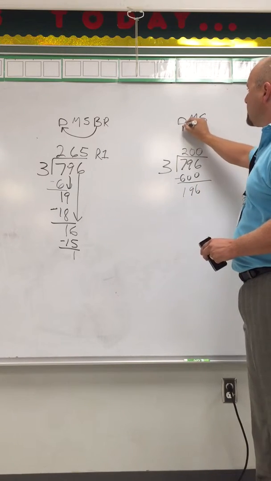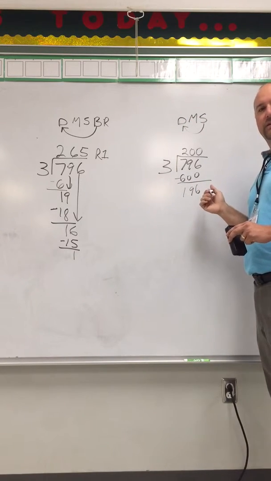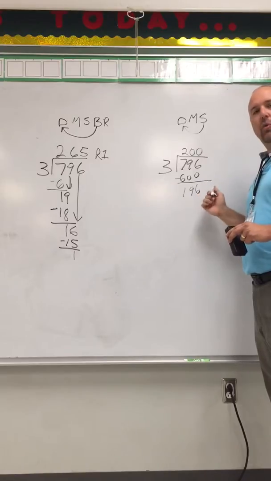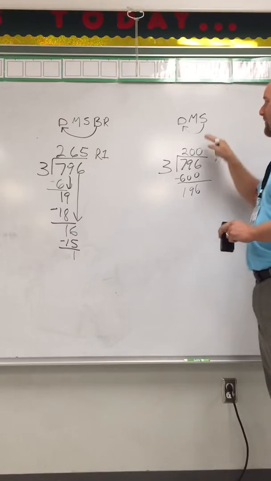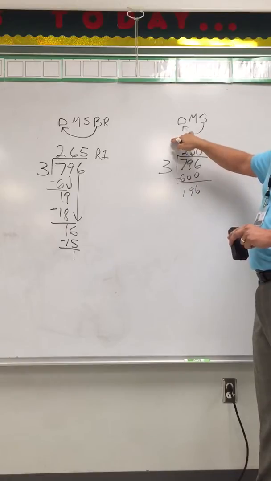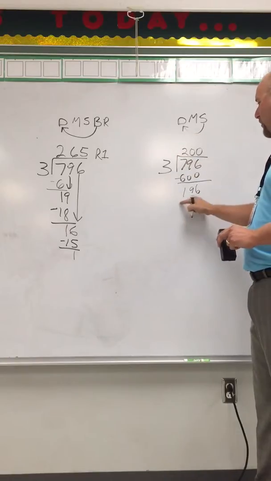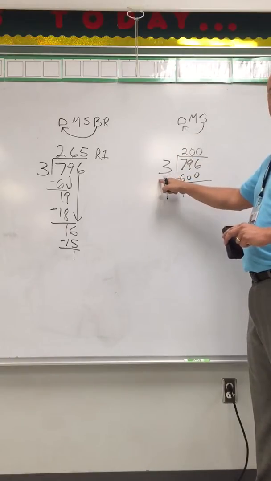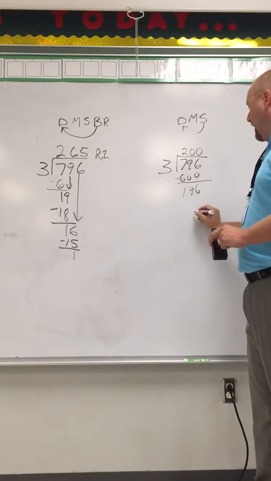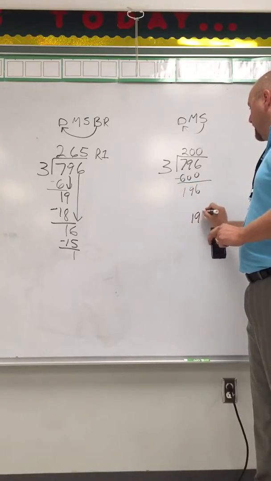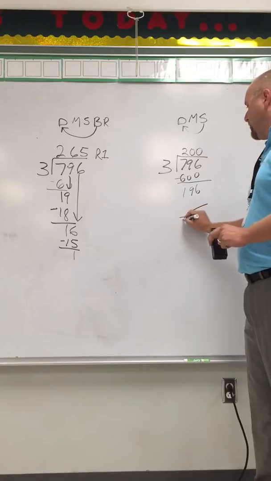Okay, in this type of strategy, there's no bringing down of any numbers, because after I subtract, I go straight back to my division. So now I'm looking at 196 divided by 3. In my head, I think of 196 as being 190 divided by 3.